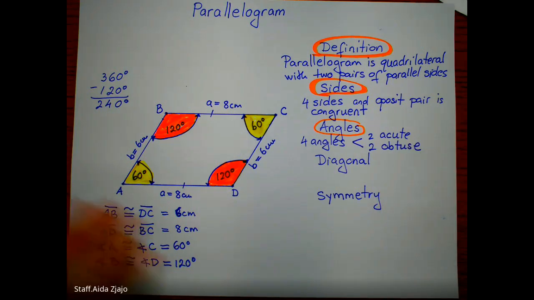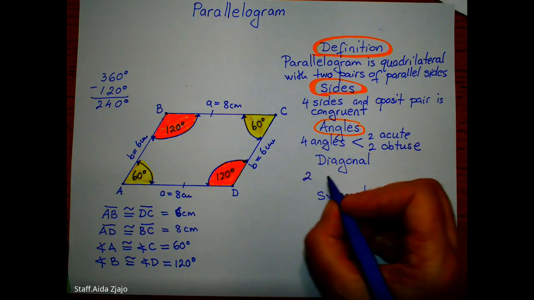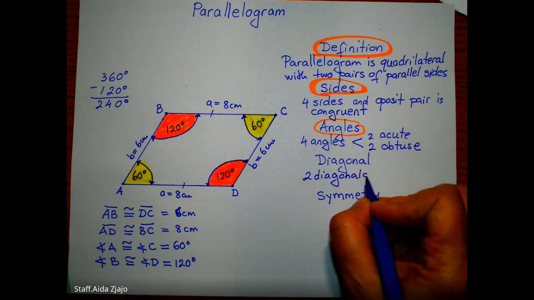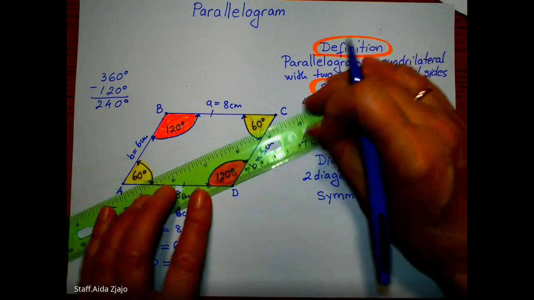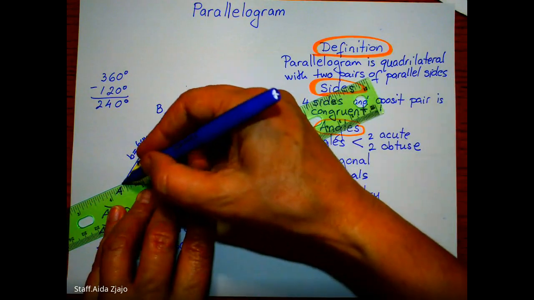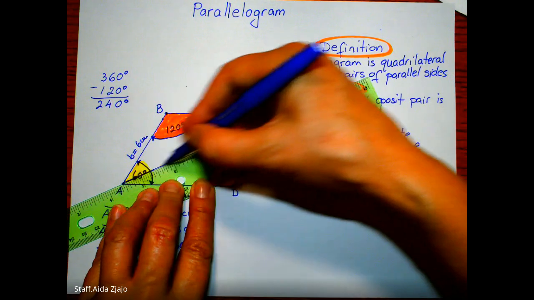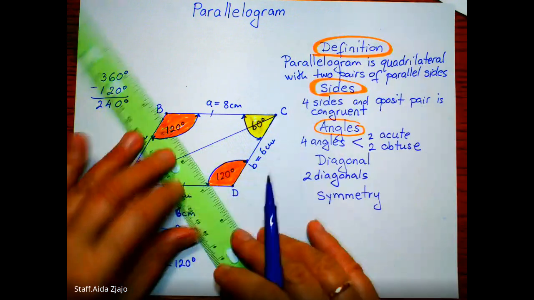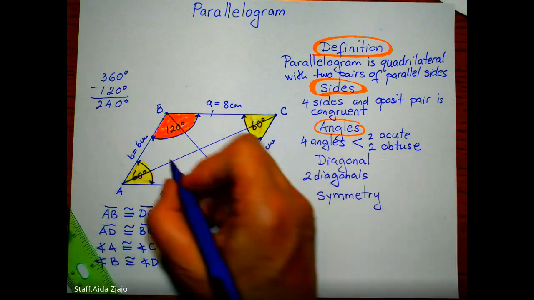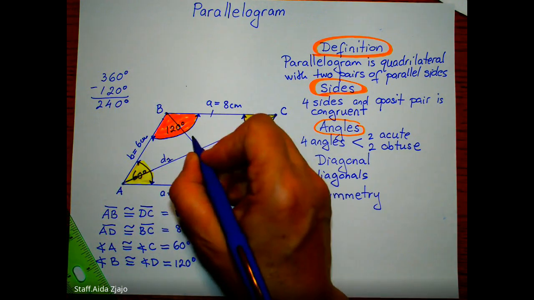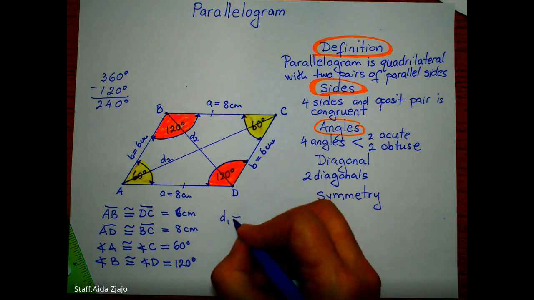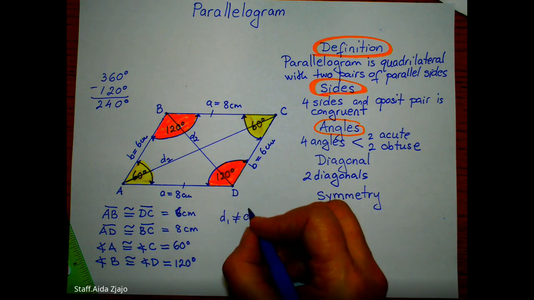It has two diagonals that are not congruent. They are not the same. So this is diagonal 1 and diagonal 2, D1 and D2, and D1 is not the same as D2.